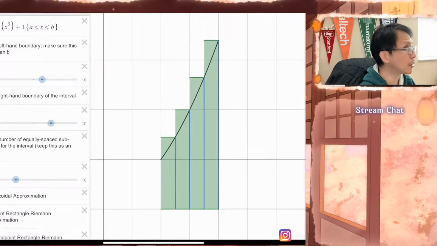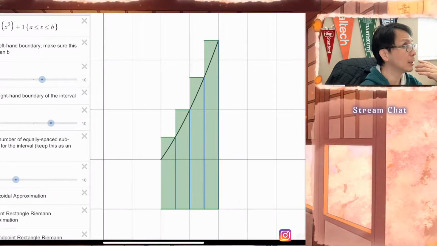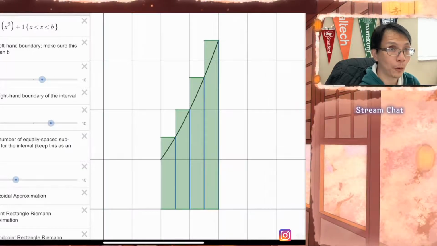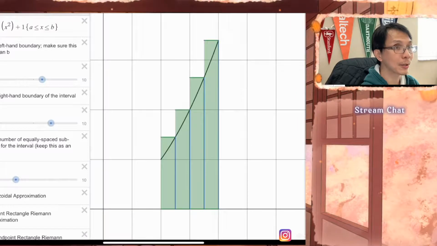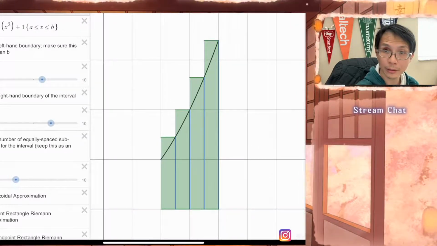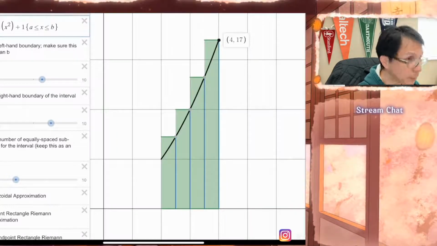And if I use 4 equal rectangles, I need to base my height on the function. So I will plug 4 into x squared plus 1, so that's going to give me 17. So this point here is going to be 4, 17.